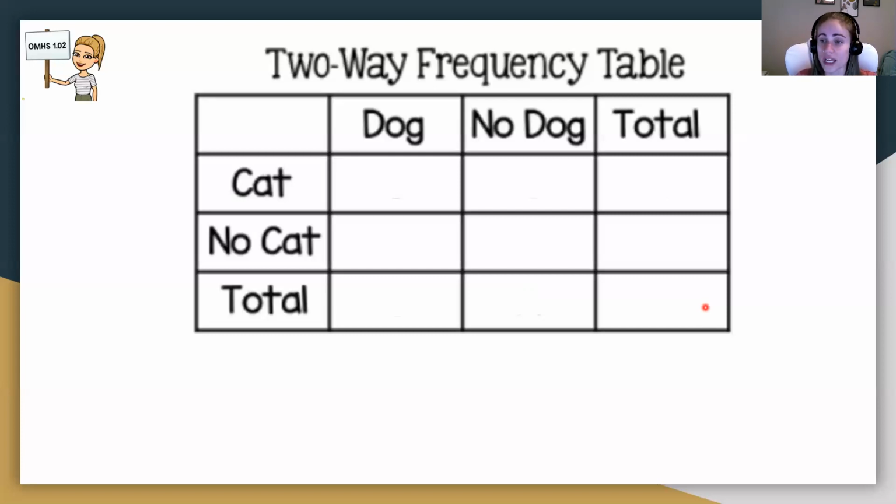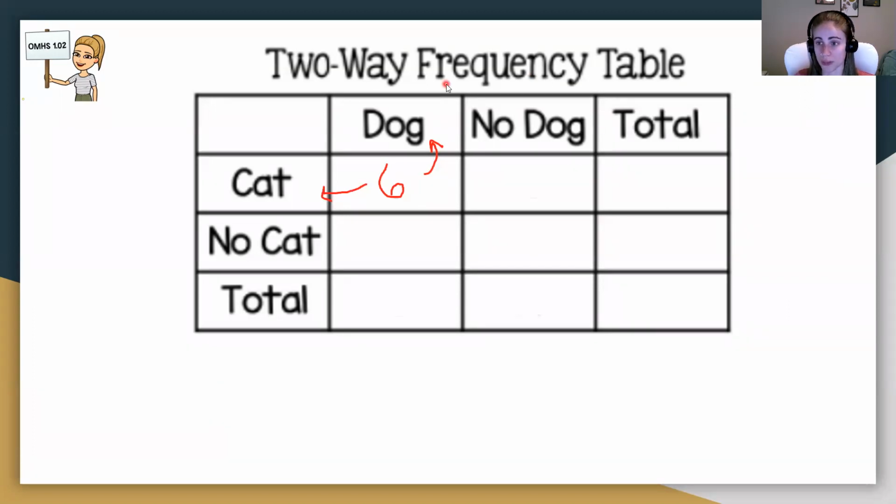All right, when a survey was completed, there were a total of 6 people that owned both a dog and a cat. Well, that means that information is going to be recorded right here in this box because this is the box that overlaps the dog and the cat.